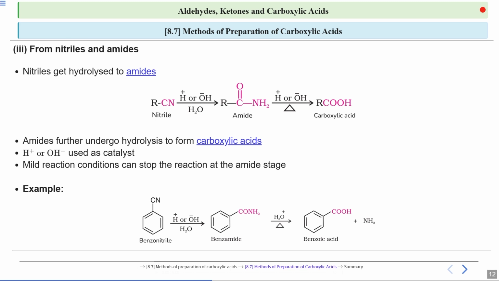So if the reaction conditions are mild, you stop only at the amide stage, and if you further hydrolyze this amide, you get benzoic acid, with ammonia released as a byproduct.